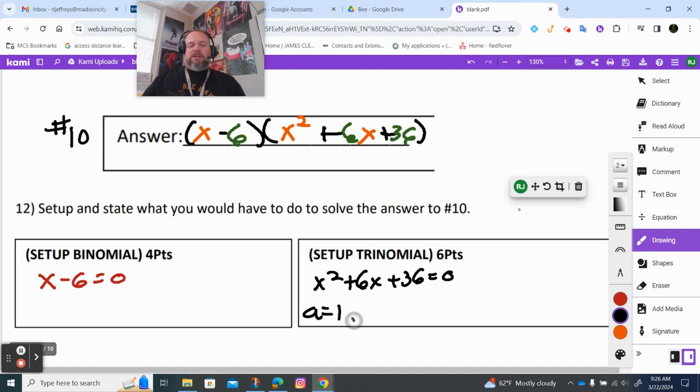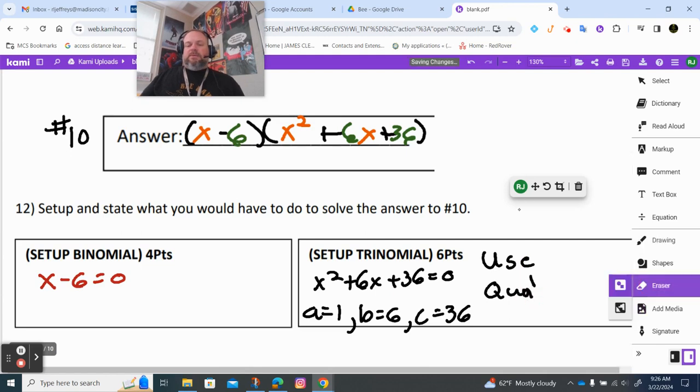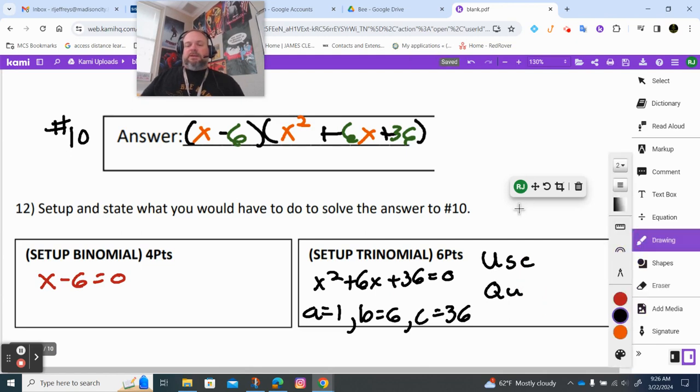A equals 1. B equals 6. C equals 36. Use the quad formula. That's all you have to do. We're not solving it.